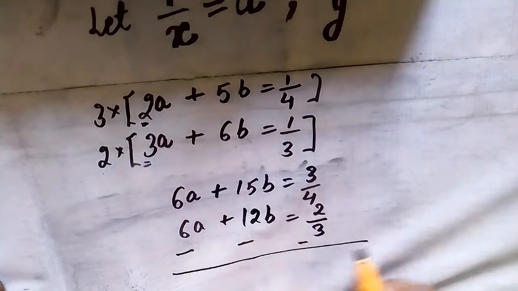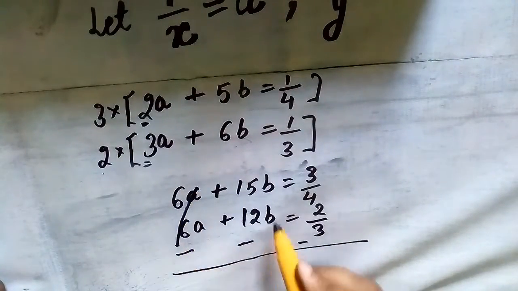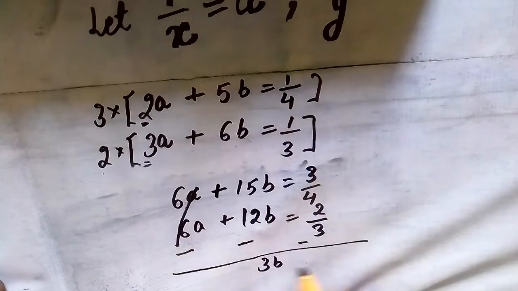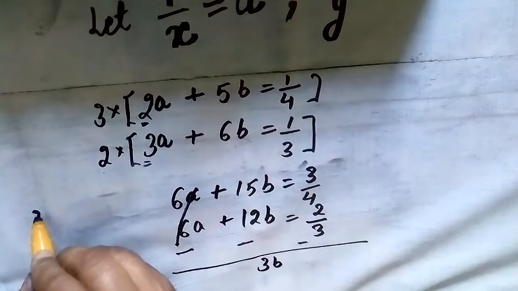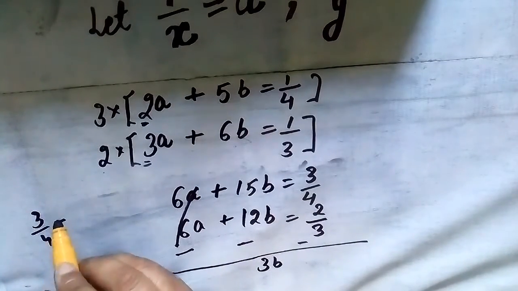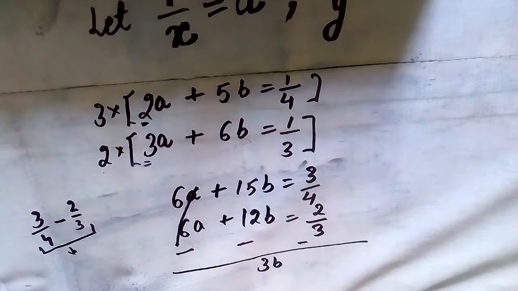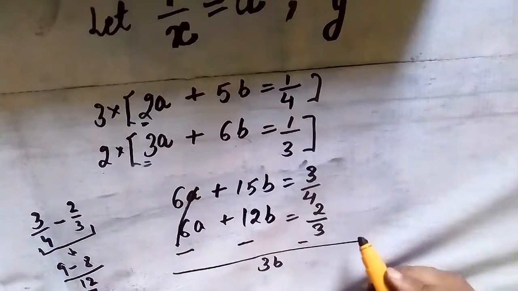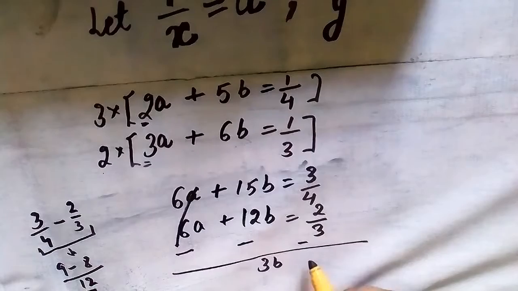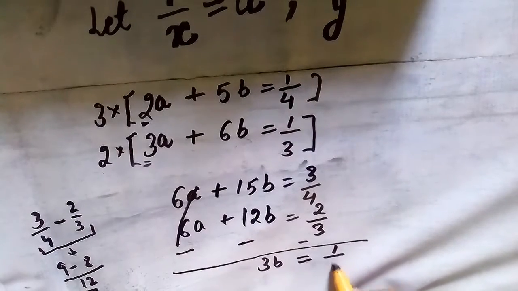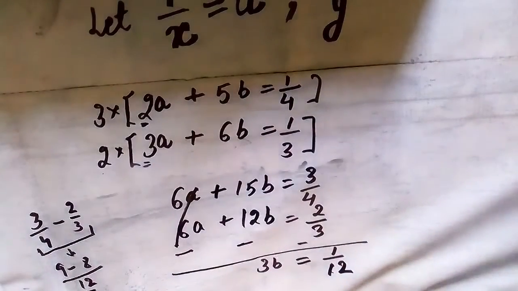Subtract them. Now you can see that the coefficients of a are the same. So 6a minus 6a will be 0, 15b minus 12b will be 3b, and 3 upon 4 minus 2 upon 3: LCM is 12. So 3 threes are 9 minus 4 twos are 8 upon 12. So 9 minus 8, 1 upon 12, means 3b equals 1 upon 12.